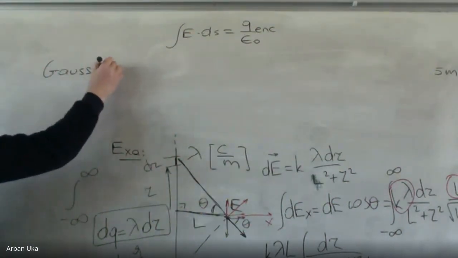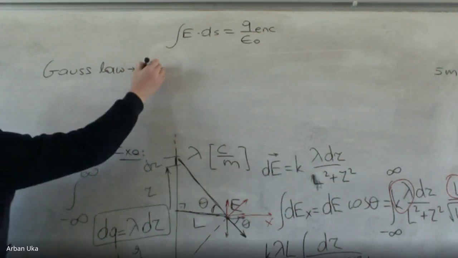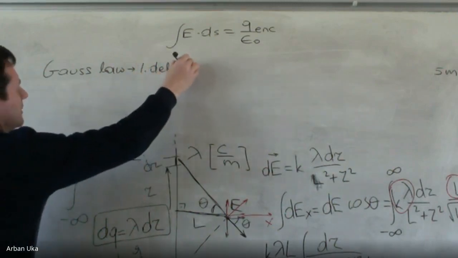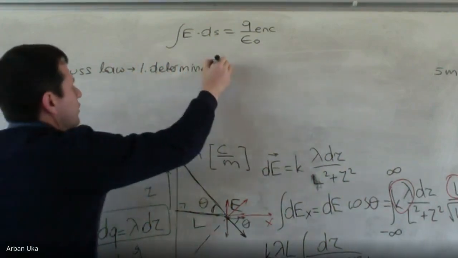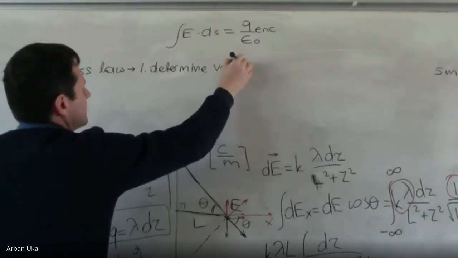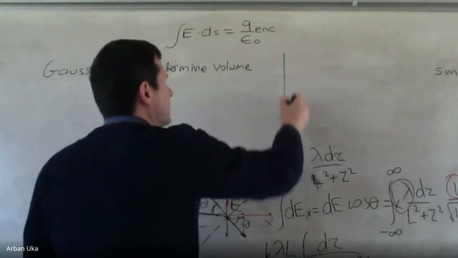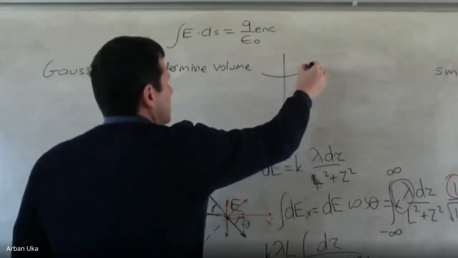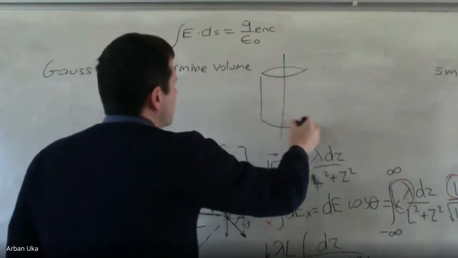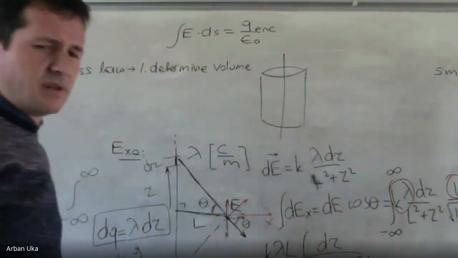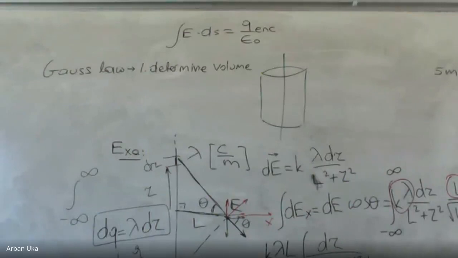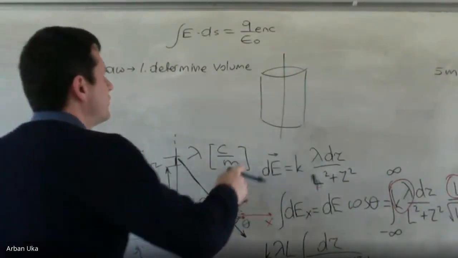So we have Gauss's Law. First, we determine the closed volume. If we have such a wire, because of the symmetry, we can assume a cylinder. So this is the closed volume.